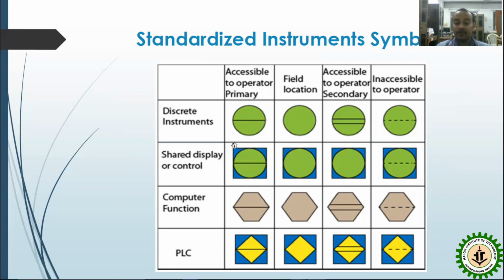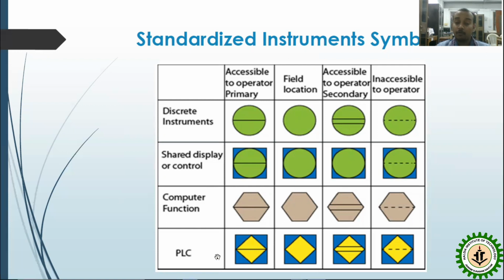And after that, if it is a display type, then a box will need to be drawn over here, through which we can get the information that it is not only the control area, here the display unit is also available. If it is a computer function, then the representation will be changed at that particular area.